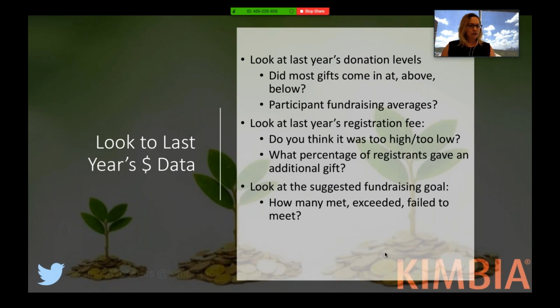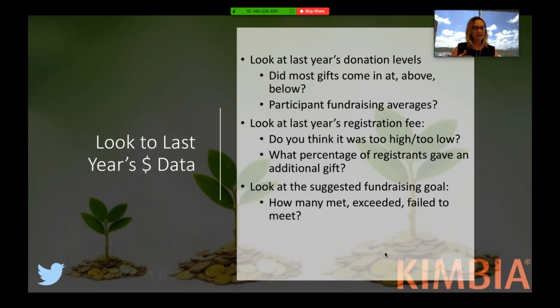Look at the suggested fundraising goal if you have one. This is probably most applicable to peer-to-peer, do-it-yourself campaigns. If you do have a run, walk, or ride or an endurance event and you're asking people to fundraise, or a giving day where you're asking people to try to raise $200, look at what that goal is if you've had that in the past and see how many people either met, exceeded, or failed to meet that goal.